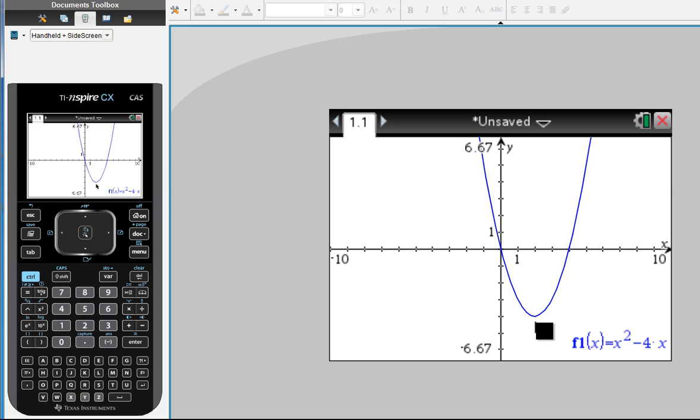If we keep going to the right of x is equal to 2, the graph is increasing. Okay, so we should have a positive derivative here. So here it's going to be 0, and here it's going to be positive. And if we go to the left of x is equal to 2, well, we see here that it's decreasing until we get here.